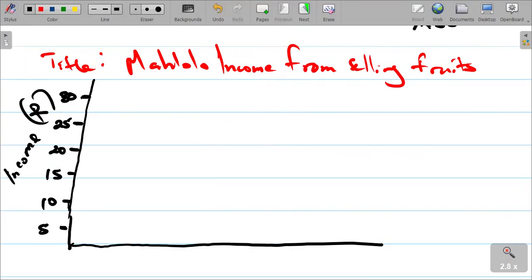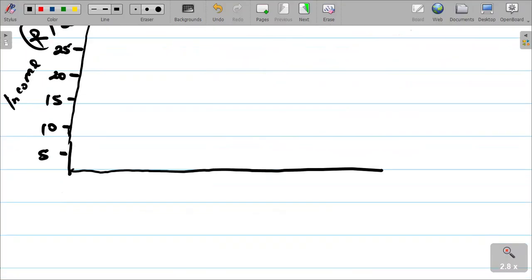And then we said the apples are sold. For the apples that are sold, I can maybe not put all of them. I can just put from 0 up to apples sold 0, 1, 2, 4, 6, 10.